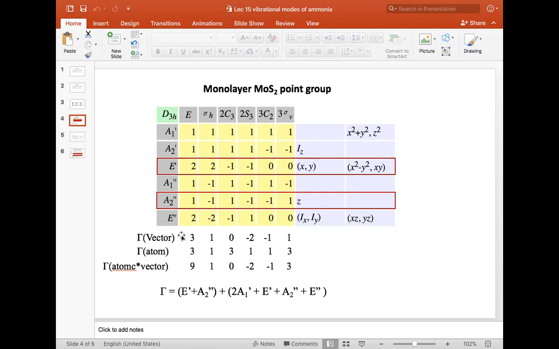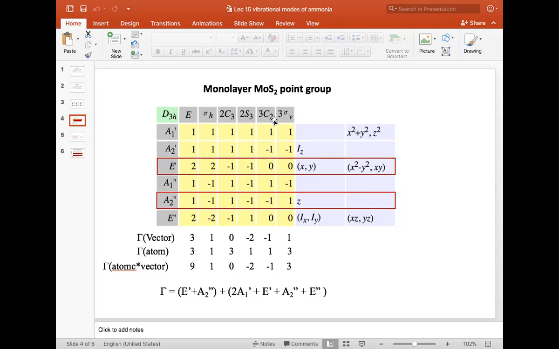So each of them, this is an identity element. This is a mirror reflection on the horizontal plane. This is the C3 rotational symmetry. This, I think, is a rotation plus the reflection: you rotate 120 degrees and then reflect. This is the rotation on the plane, and this is the mirror on the vertical plane.